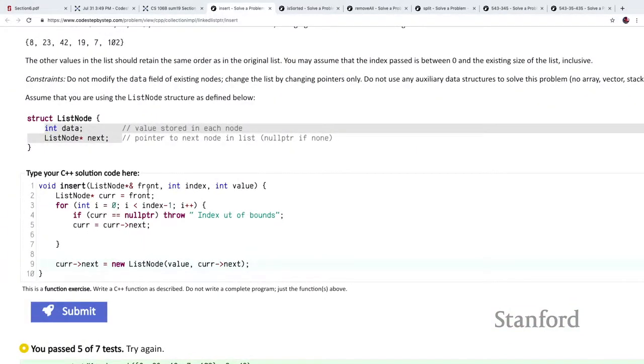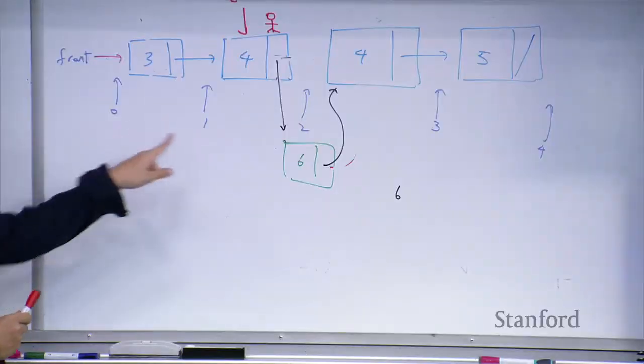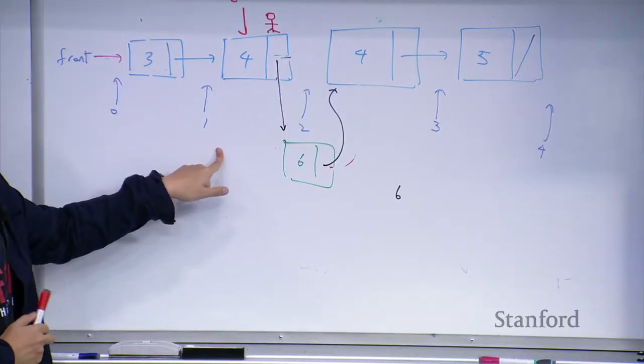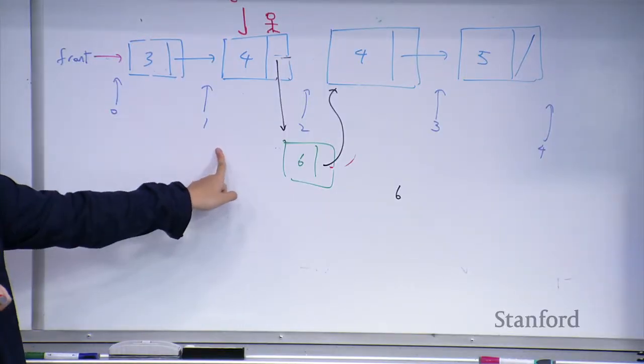The front over here, if we put index is 0 here, then the loop doesn't run, and then we just set cur next is equal to new list node. So what this is doing is if you say insert at index 0, it's actually going to insert at index 1. Right? Index 0 and index 1 right now in the code do the same thing.